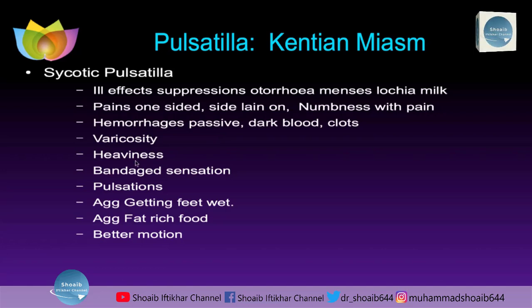Any form of varicosity, any form of heaviness, any form of band-aid sensation, pulsations in the body, all very sycotic, whether it's stagnation, whether it's stoppage, and also getting feet wet, any damp issues, damp weather, everything is sycotic according to Kent miasmatic analysis. And also fatty, rich, heavy food, and they're always better by motion, always better by flow. That is the sycotic pulsatilla.